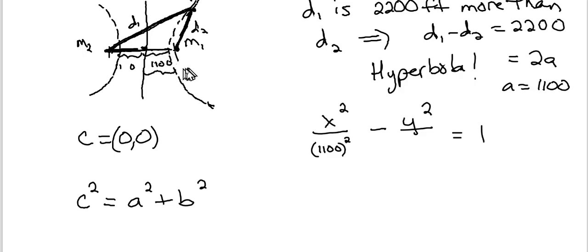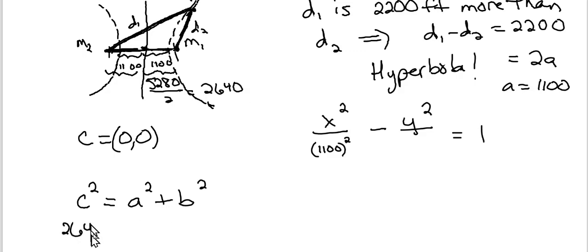This right here, the distance to the microphone, we know those mics are 1 mile apart. So we need to be in terms of feet because everything else is in terms of feet. So this will be half a mile, which is 5,280 feet divided by 2, or 2,640.